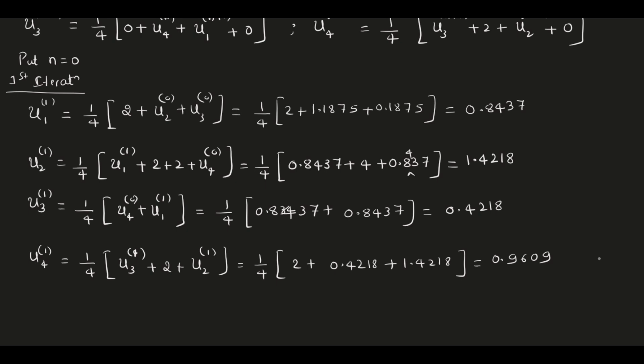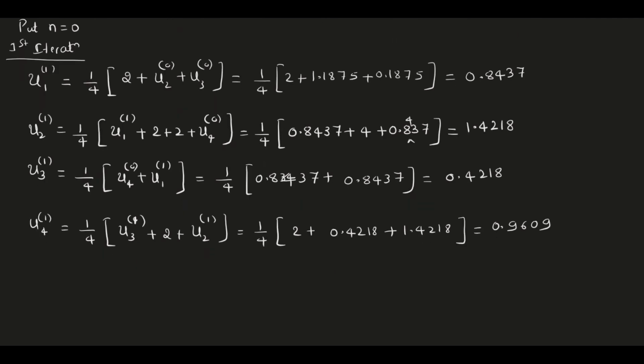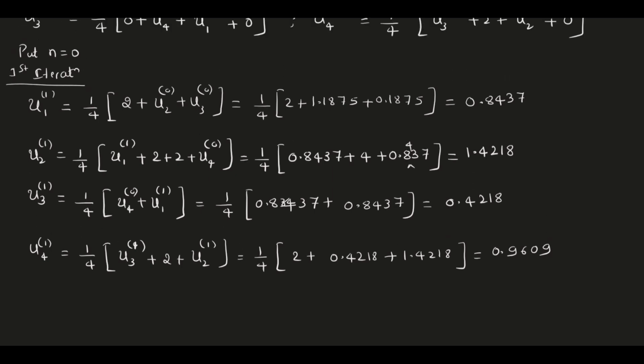Yes. Now what happens for the second iteration? Put n as 1. When you put n as 1, it becomes 2, 2, 2, 2. Then everything that was 0 becomes 1, and everything that was 1 becomes 2. Till when should you do the iteration? Till you get accuracy.